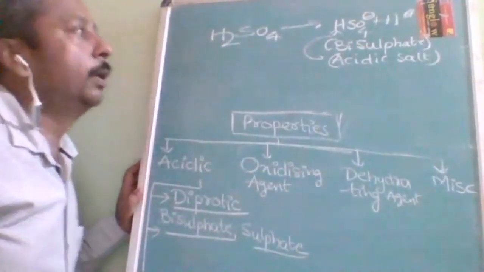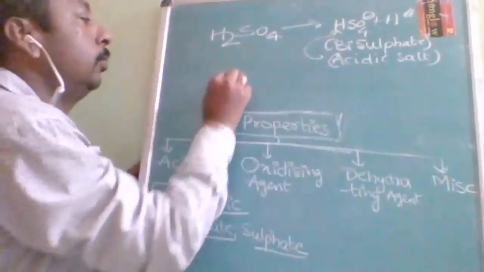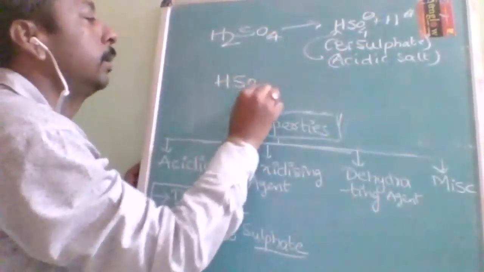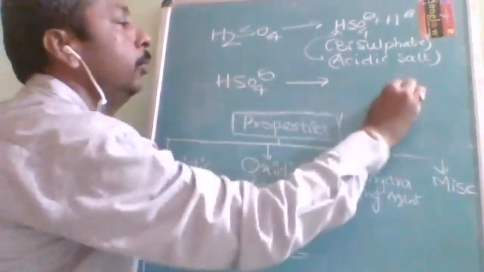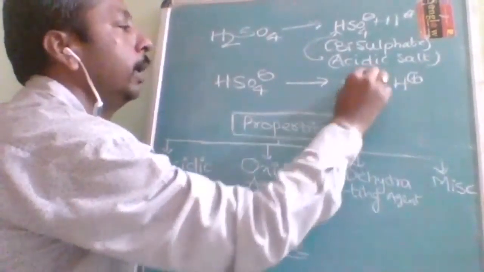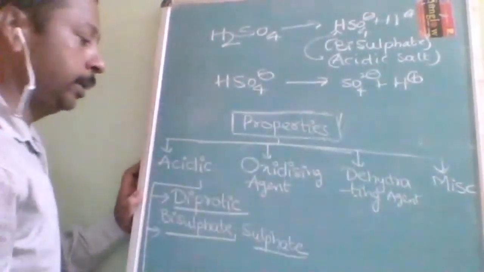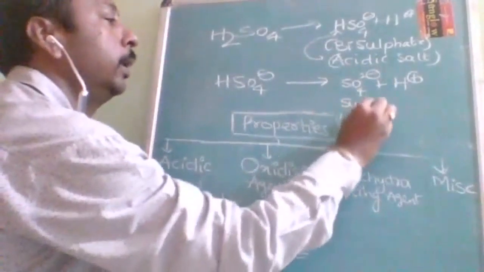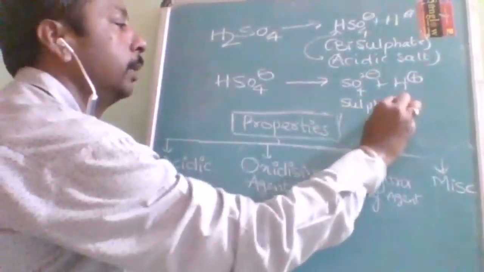Then HSO4 minus can lose one more H plus, and the resulting salts are called sulfates. It is purely salt; there is no acidic nature.